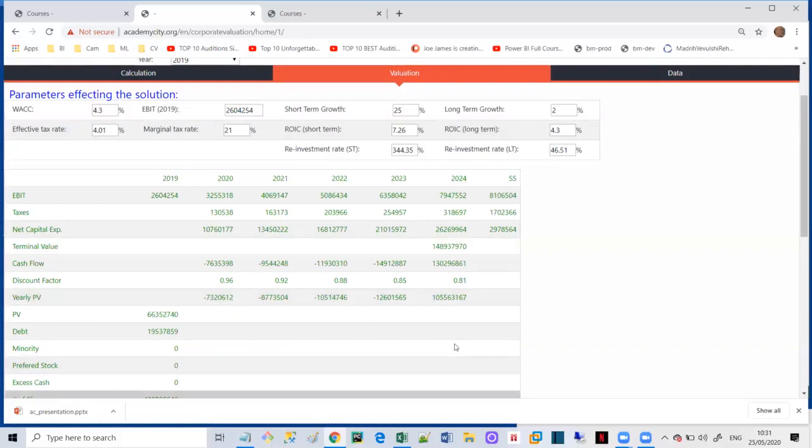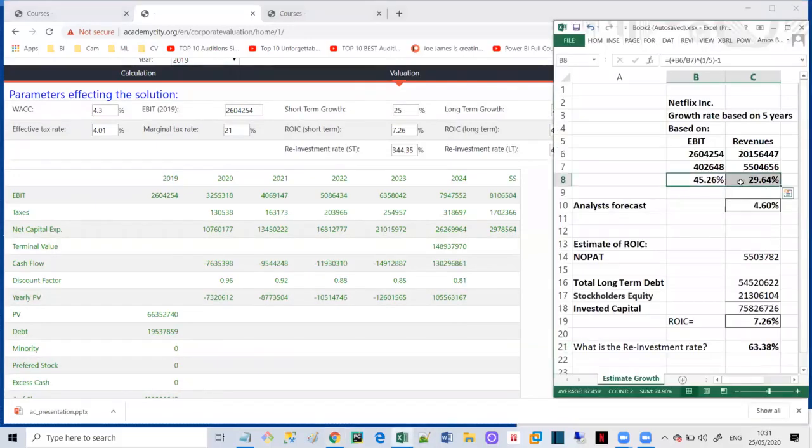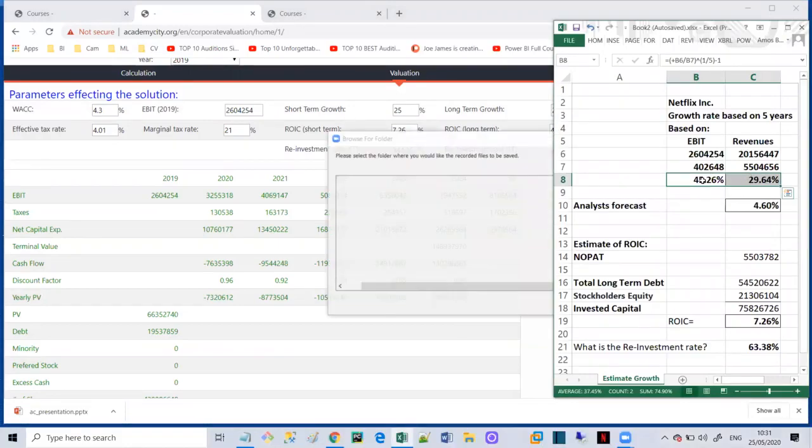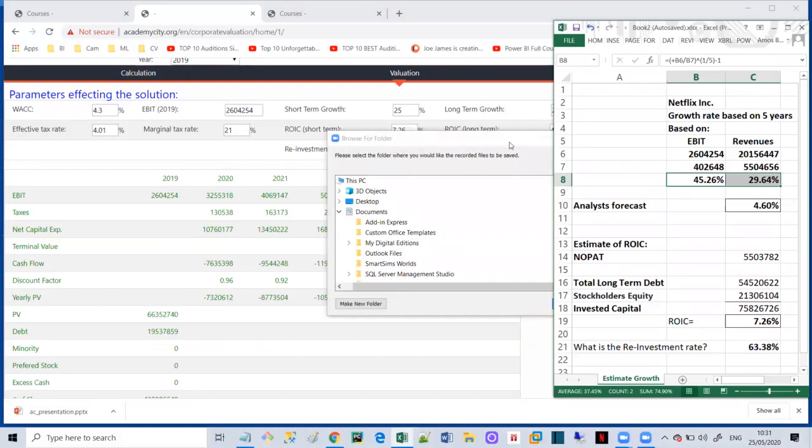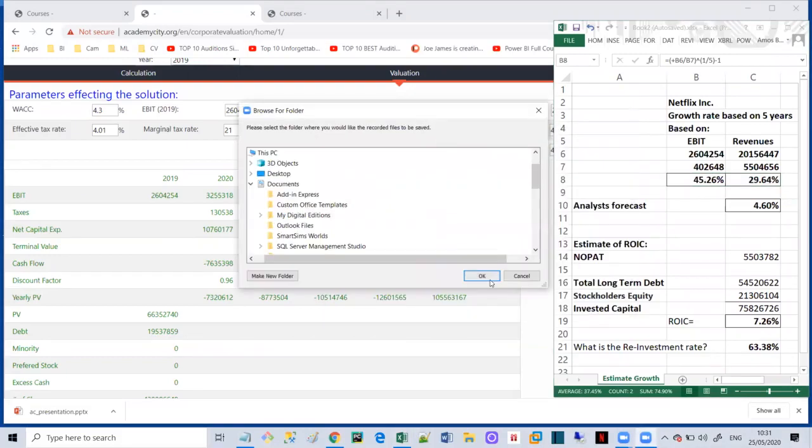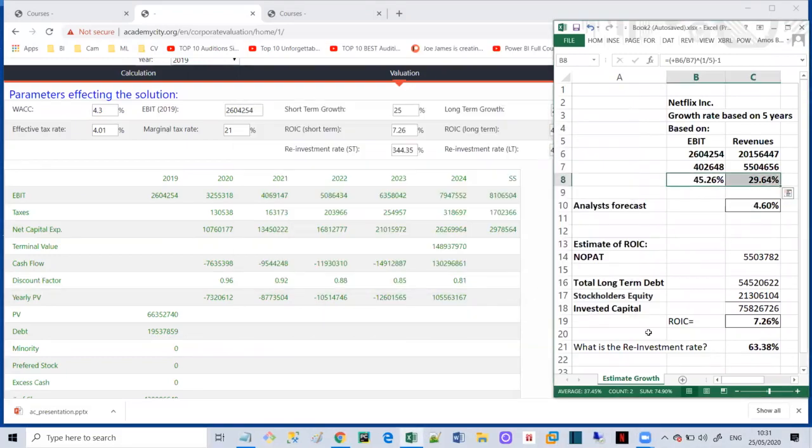It will be really hard to argue with me if I show that the past was 30% based on revenue, 45% based on EBIT. Does that make sense?